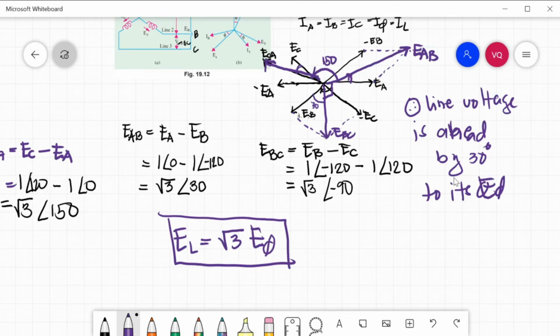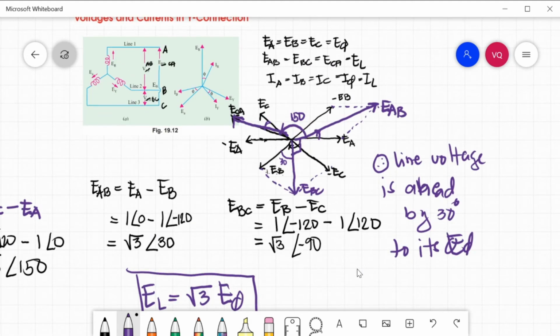Again, the relationship of the phase voltage and the line voltage: the line voltage is ahead by 30 degrees to its phase voltage. So our EAB is ahead by 30 degrees with respect to its phase voltage EA. And also, your ECA is ahead by 30 degrees with respect to EC.